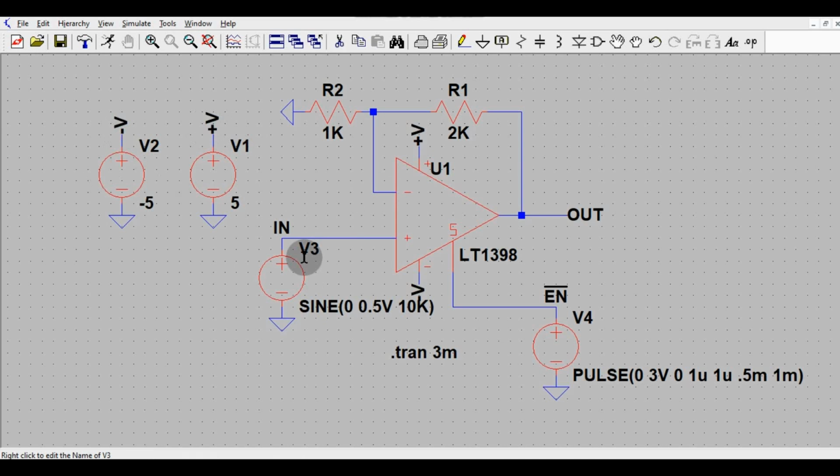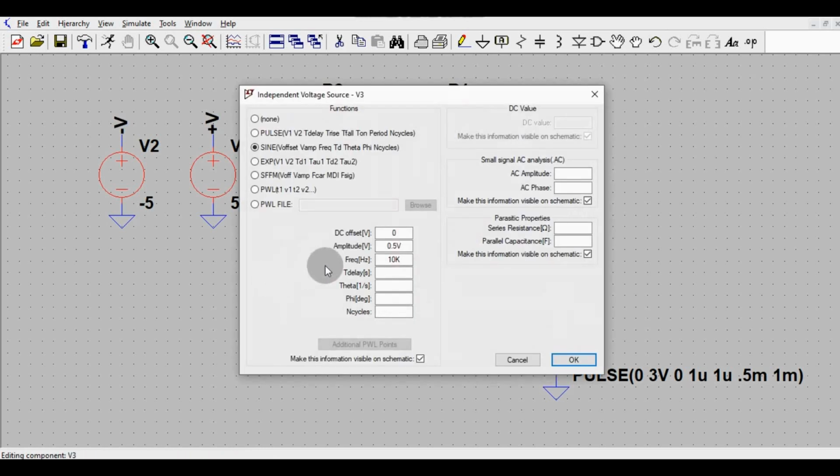V3 is the input signal for the op-amp, and if you right click on V3, you can see the amplitude for V3 is 0.5 volt and the frequency is 10 kilohertz, right?